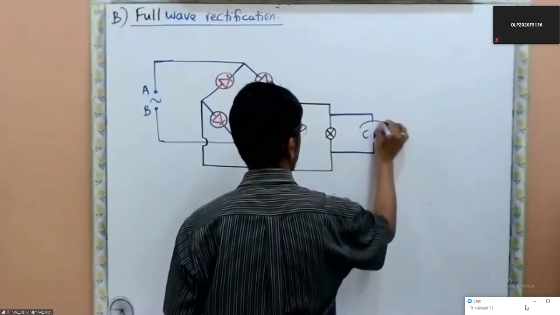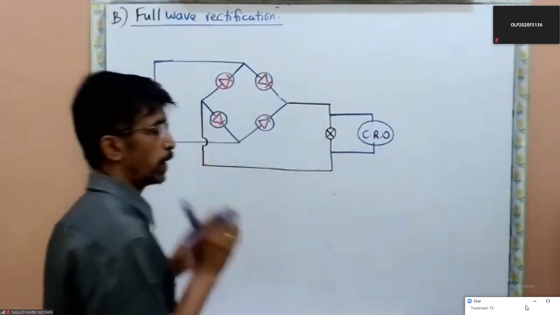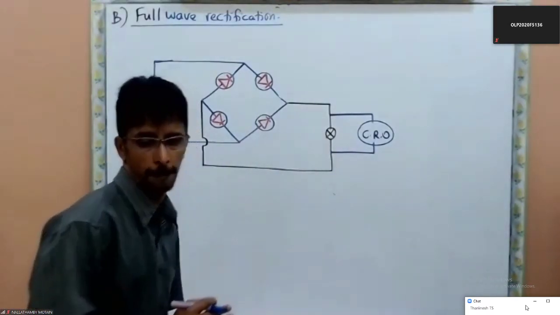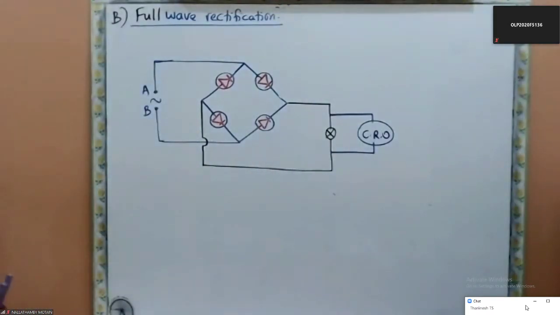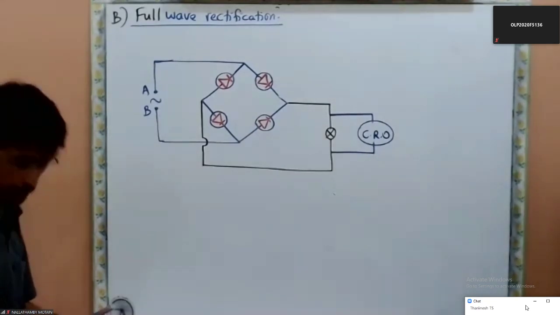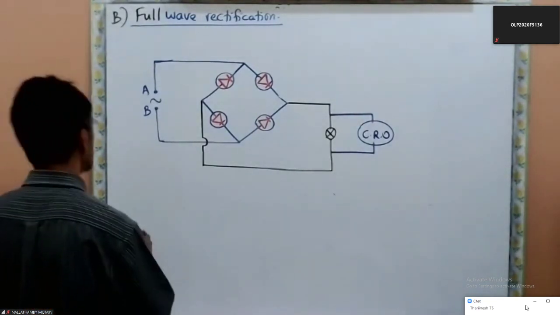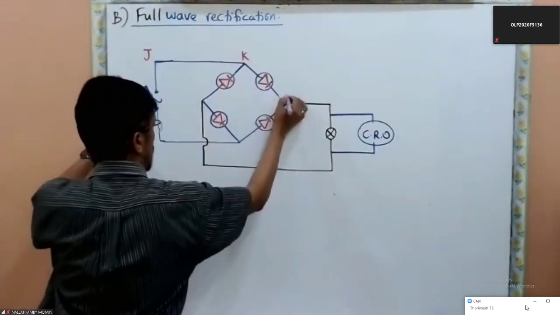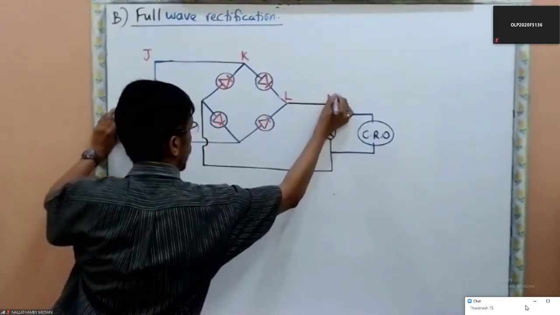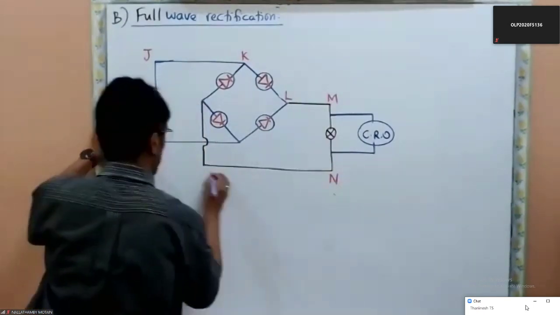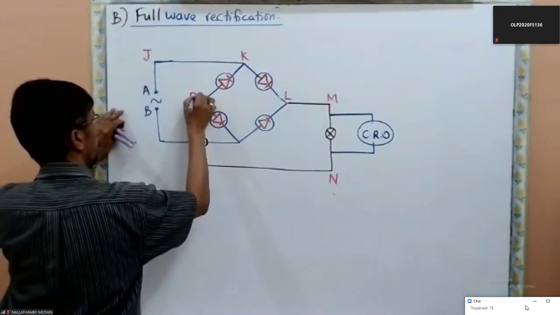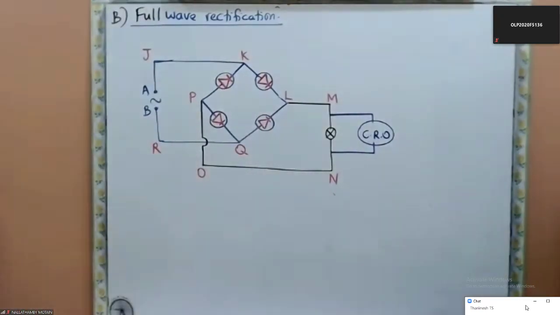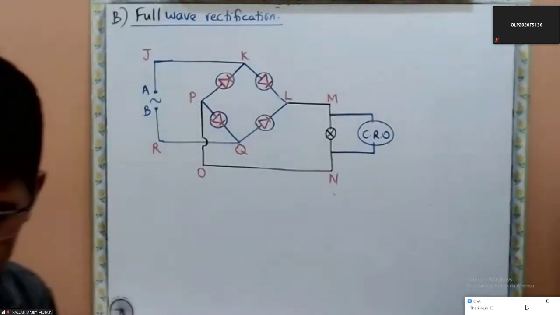It won't disturb the circuit. The CRO just displays how the current that flows over here looks like. Then we come out with a few letters. Normally I use these letters: J, K, L, M, N, O, P, Q, R. You come out with these letters. Label first.